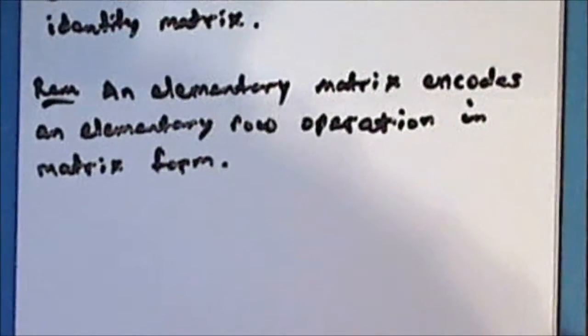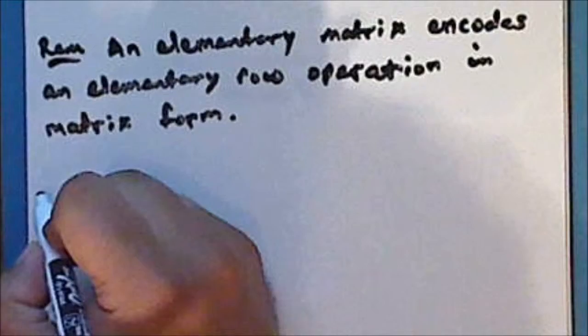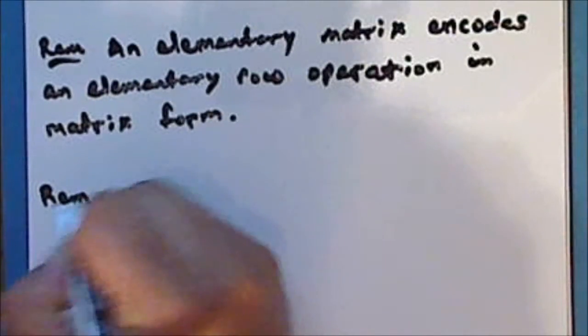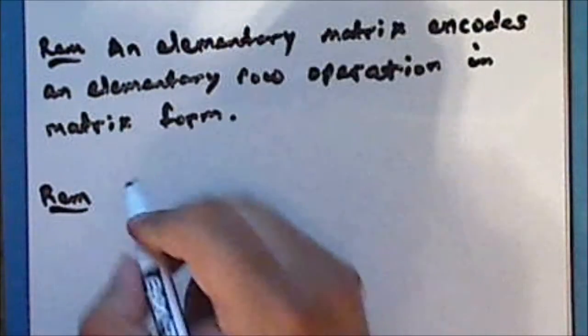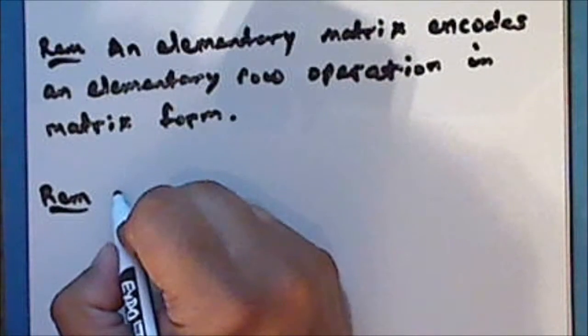And what I mean by encodes an elementary row operation will become clear in the next theorem. But first, we need a fact that we will use repeatedly in the proof of that next theorem.